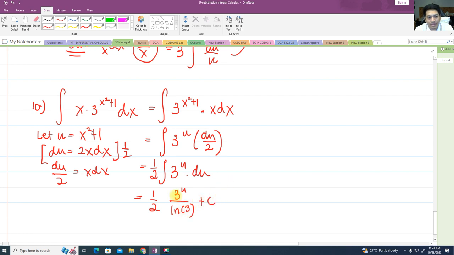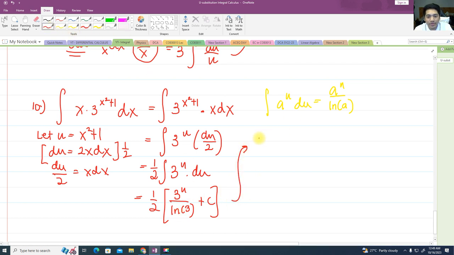Plus c. So we have a basic formula in integrals that if we have a raised to u du, where a is any constant number, the answer to that would be a raised to u all over ln of a, which happens here.